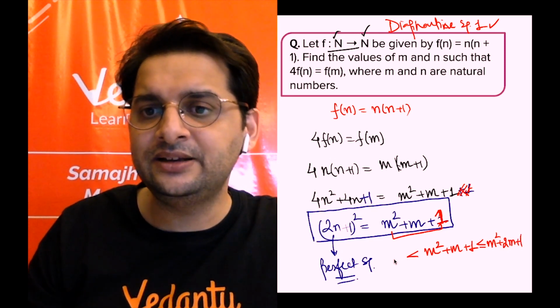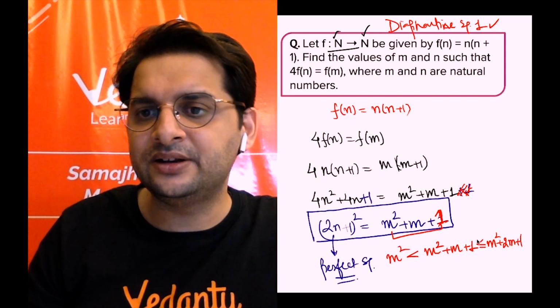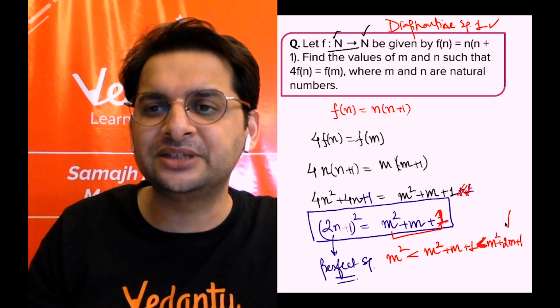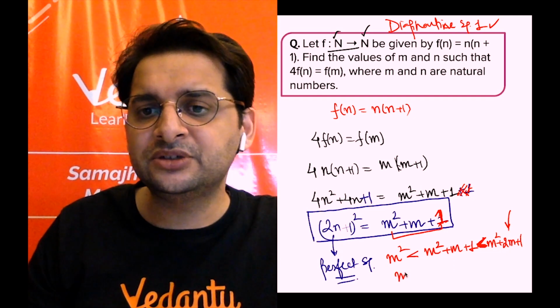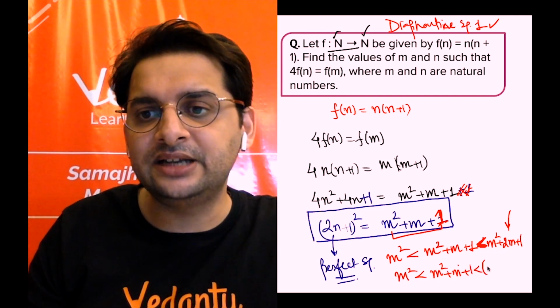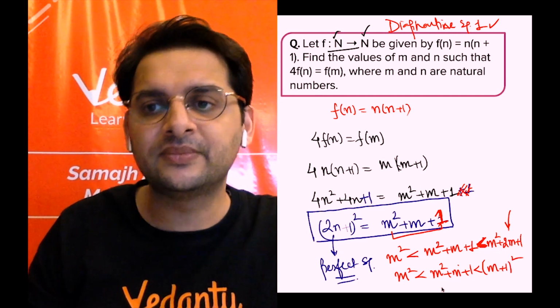And this is greater than m square. And this is strictly less than m square plus 2m plus 1. Since m is a natural number, m square is less than m square plus m plus 1, which is less than m plus 1 whole square.